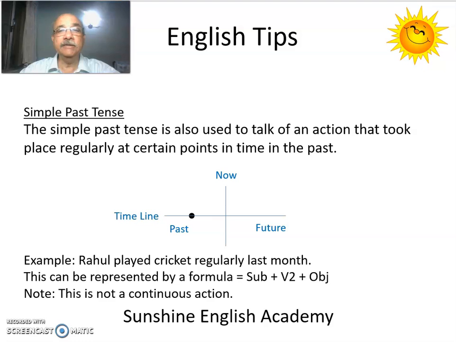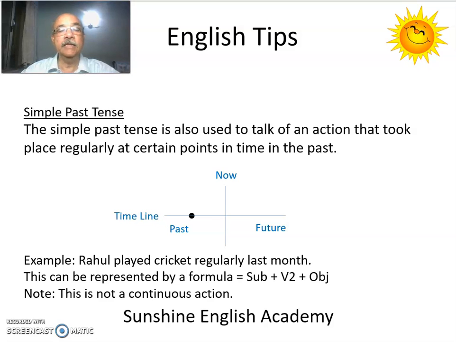The simple past tense is also used to talk of an action that took place regularly at certain points in time in the past. For example, Rahul played cricket regularly last month.